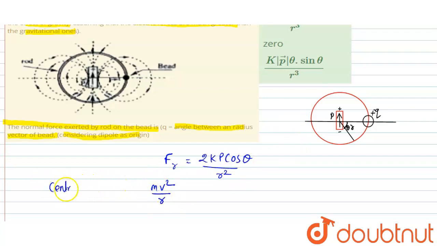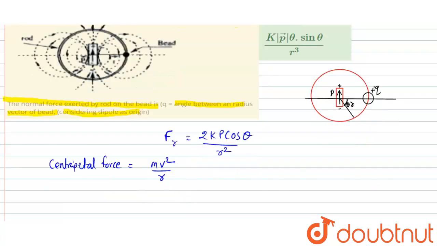You can write centripetal force. As this radial force is equal to centripetal force, there is no extra force acting on this charge for the movement of this bead in the circular rod.